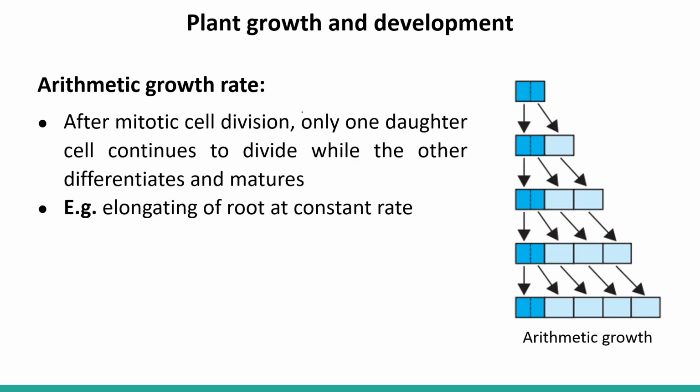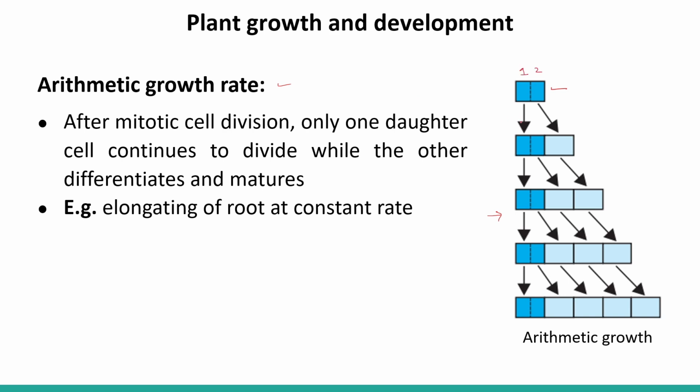So let's see what happens during arithmetic growth rate. This is the figure showing arithmetic growth rate. Suppose there were two cells initially. This is one cell, this is another cell.